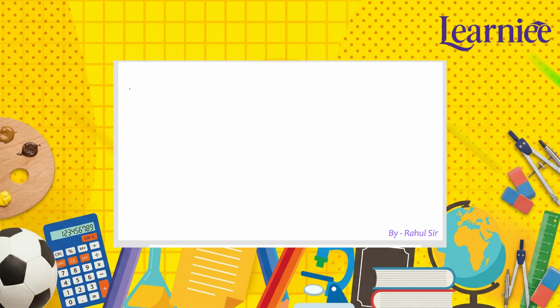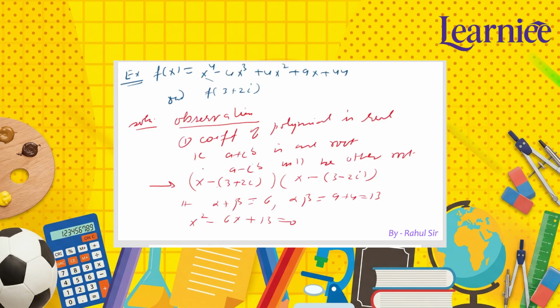Now what does it mean? It means that the function f(x), x to the power 4 minus 4x cube plus 4x square plus 9x plus 44, is nothing but some quotient times x square minus 6x plus 13, plus the remainder.